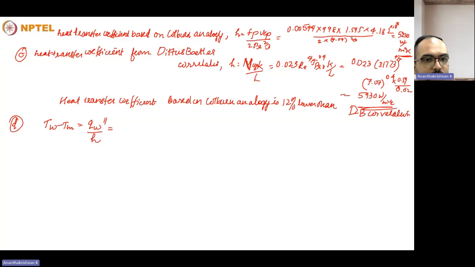There was a slight correction. I mentioned that the Reynolds number should be less than 10,000. No, the Dittus-Boelter correlation applicability is for Reynolds number greater than 10,000. So for this case, the Reynolds number should be greater than 10,000, and only then can we apply the Dittus-Boelter correlation.